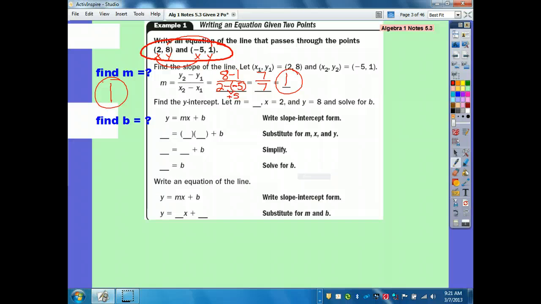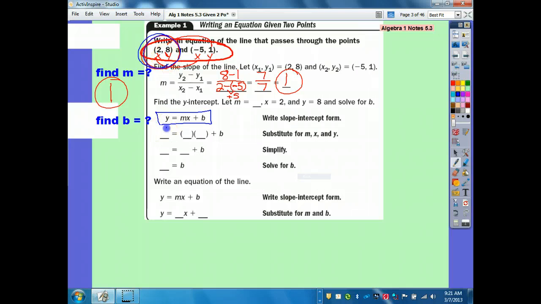Now, we are exactly where we were yesterday. Now we have our m, and now we can pick. All right, let's start with this first one. We'll use the 2 and the 8. So what is my y then if I'm going to use this one? If I'm going to use the 2 and the 8, what's my y? Because we start like we wrote our y equals mx plus b.